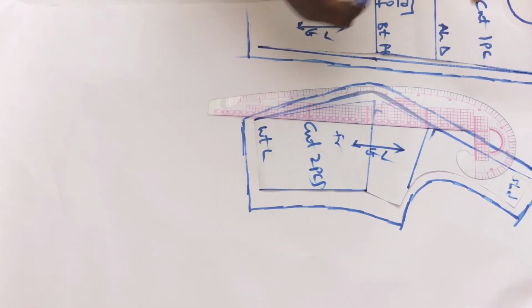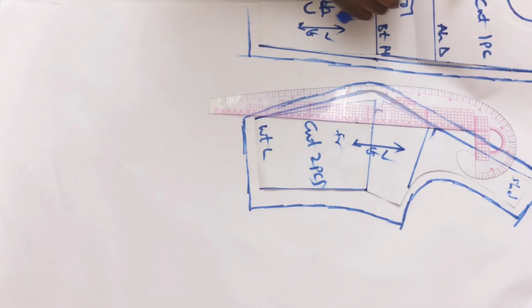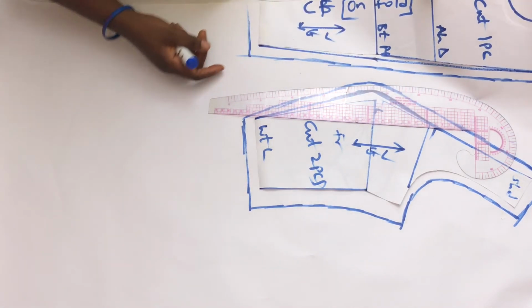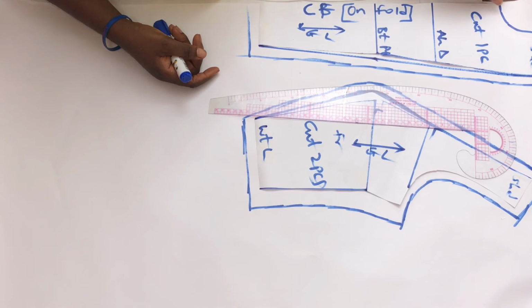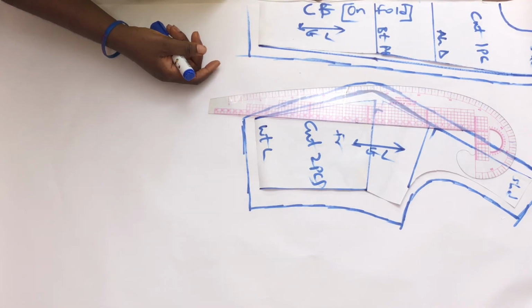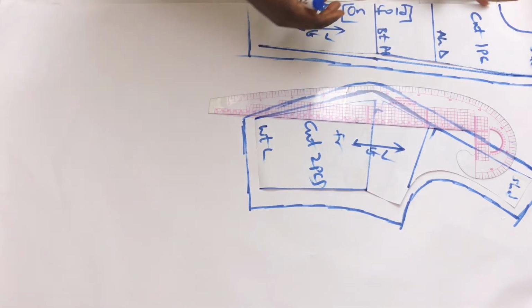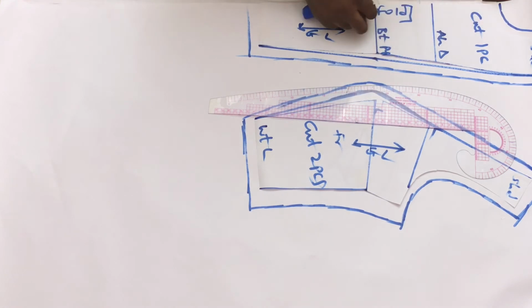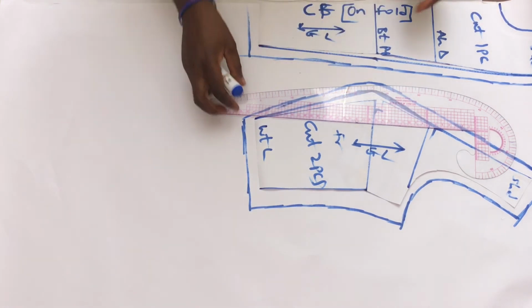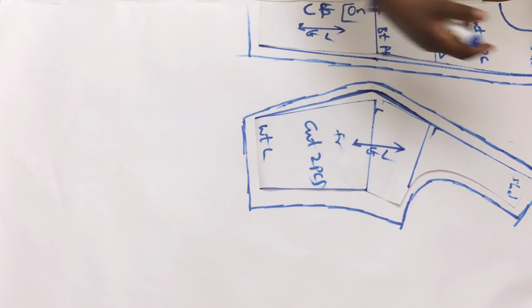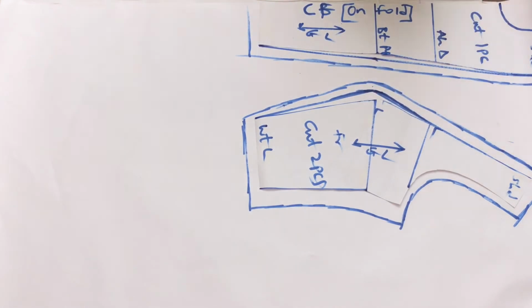If you want your bustier to have a joining at the center front, then you bring your paper close to the edge. You add the 0.5 seam allowance at the center front, but for this one there is no joining at the center front. I'm going to cut this out.